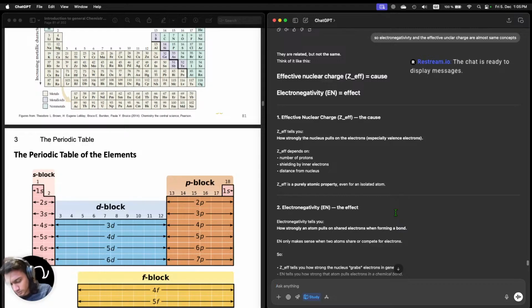This one just represents the relation between the nucleus and the valence electrons. That's basically it.